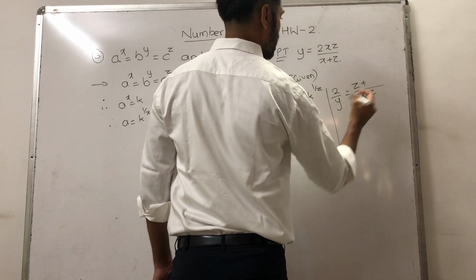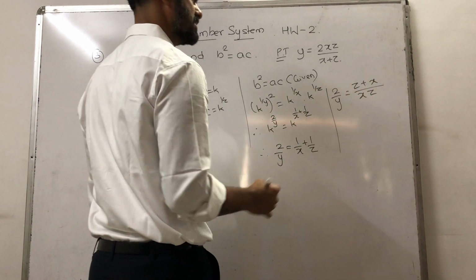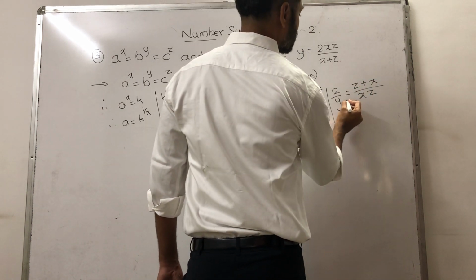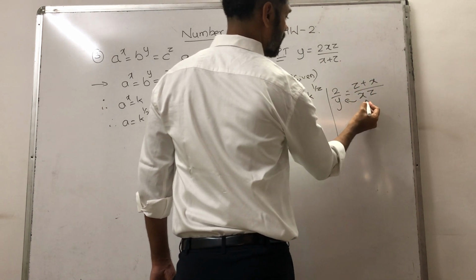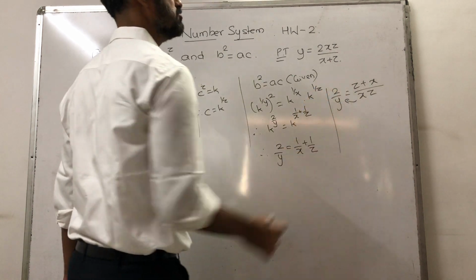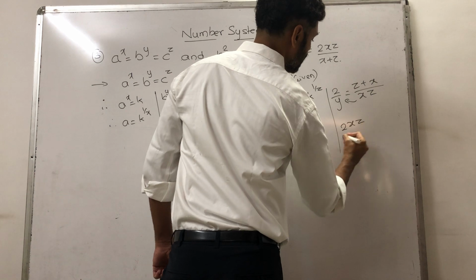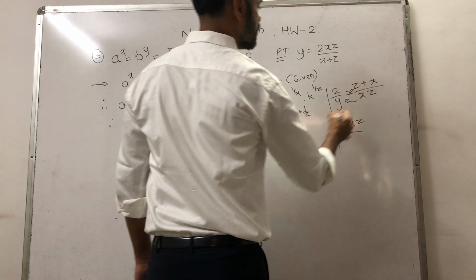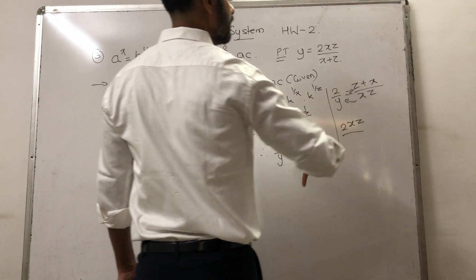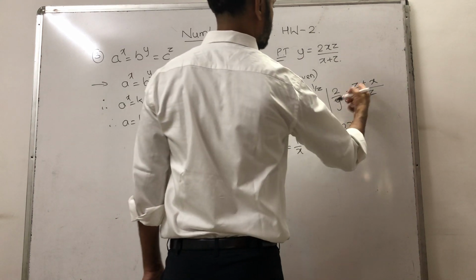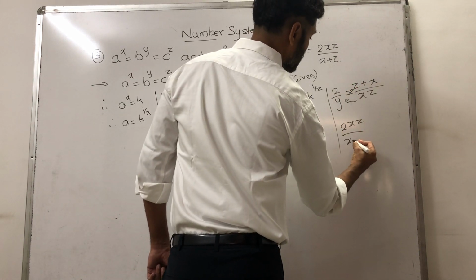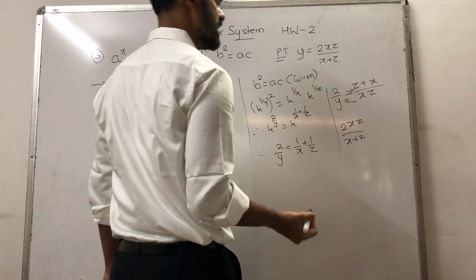You have z, what will come to the numerator? It will be x. Now take this xz on this side. Here it is in the denominator. If it comes to the other side, it will come to the numerator. And shift this z plus x on this side. Here it is in the numerator. When it comes on this side, it will be in the denominator. I write z plus x as x plus z, one and the same thing.